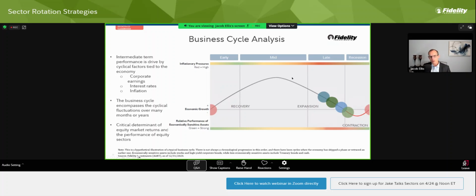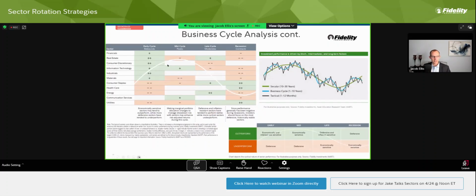In fact, so aggressively that in the late stage, we start cutting back on that growth, recognizing we may have gone too far, and the contraction finally trims some of that fat before hopefully we come back into this recovery and moving forward over time. This is important because at different phases of the business cycle, we will see earnings of different sectors react substantially differently. That's what this table is telling us right here.